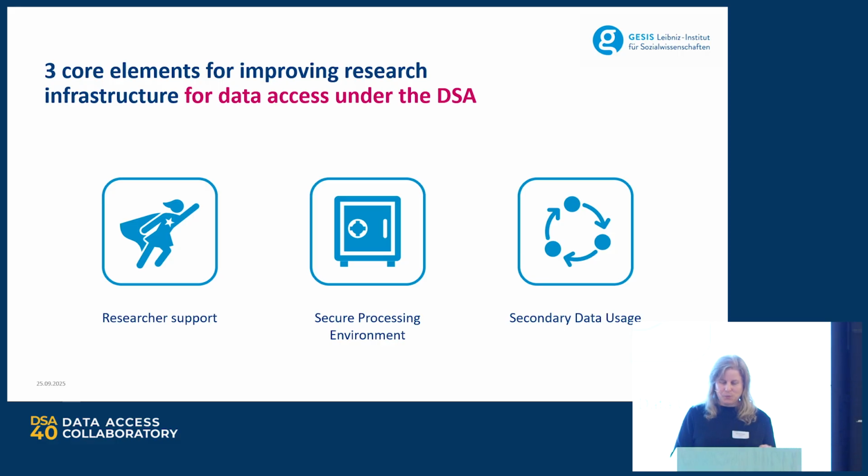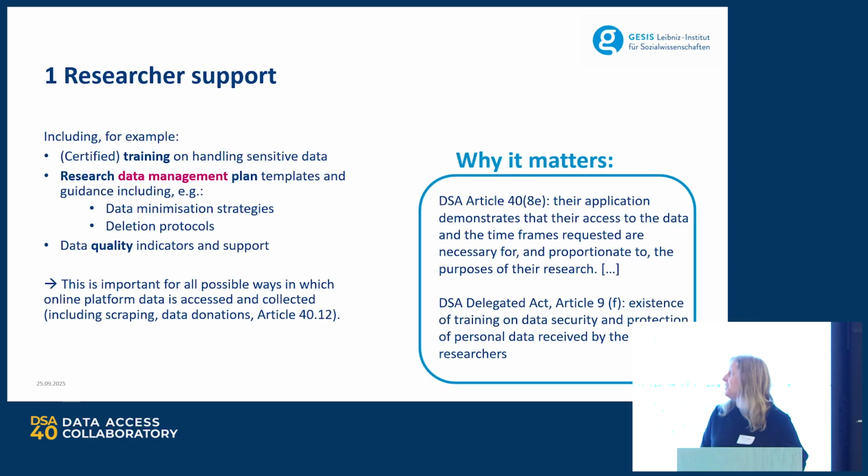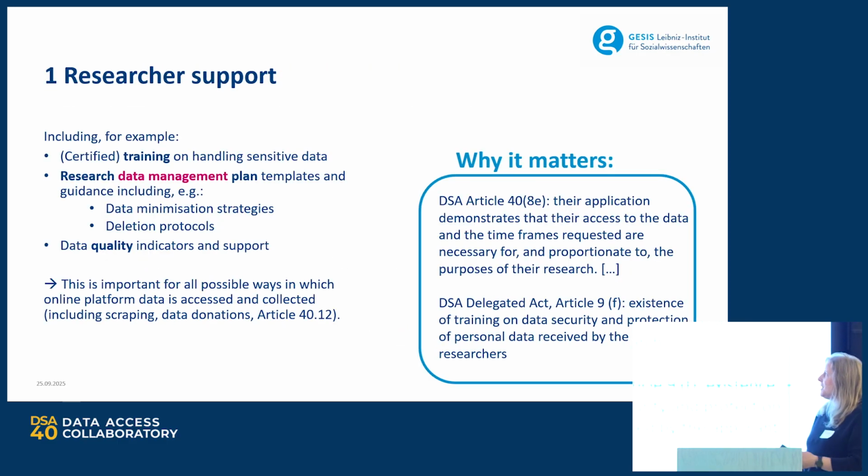I'll quickly walk you through these 3 now. When I say researcher support, you remember the slides from Julian a bit earlier, there was a lot about, we need a data management plan. We need to demonstrate that we have data protection practices in place and so on.